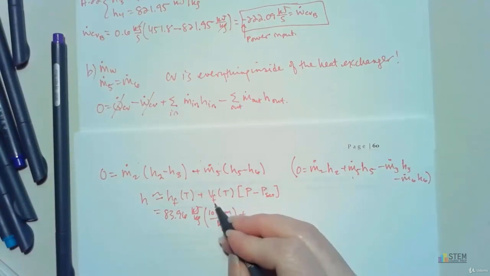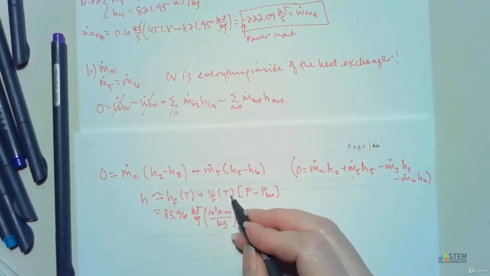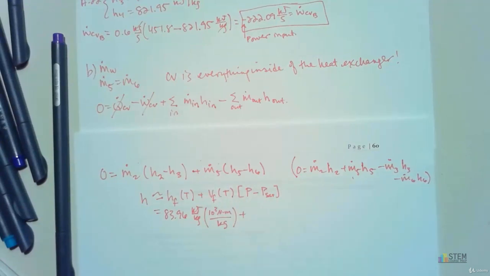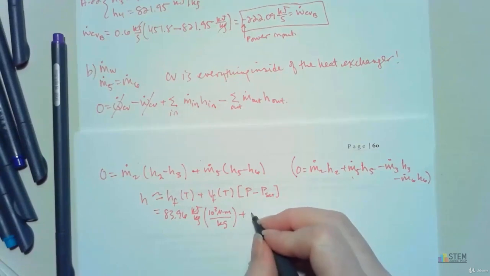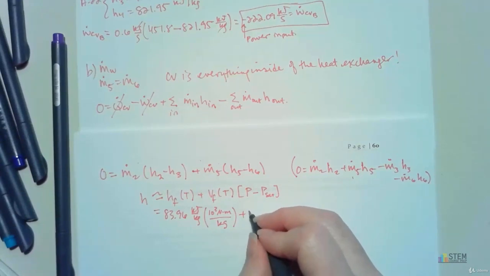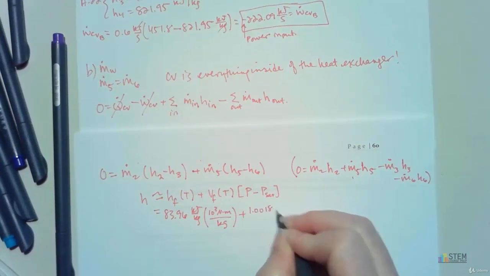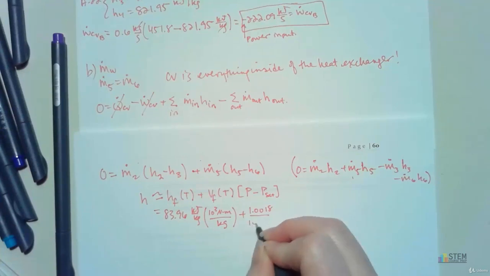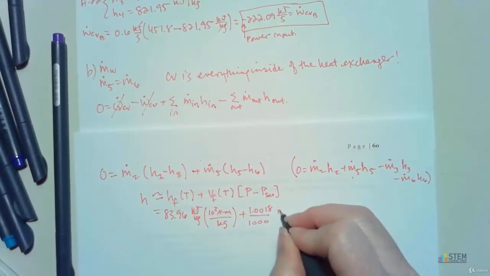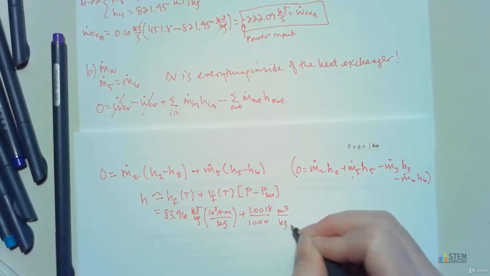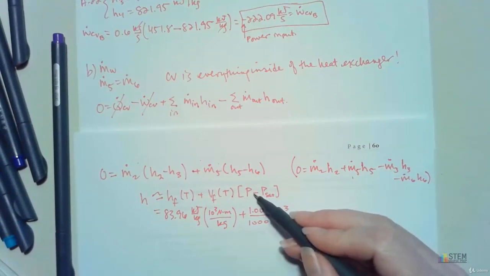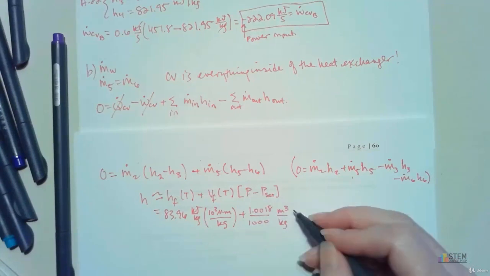And then we need VF at our given temperature of 20 degrees. So if you look it up in the saturated water table, you will get a VF number of 1.0018. That's one of those where you need to divide by 1,000. Units will be cubic meters per kilogram. Now we're going to not divide, we're going to multiply by the difference in these pressures.